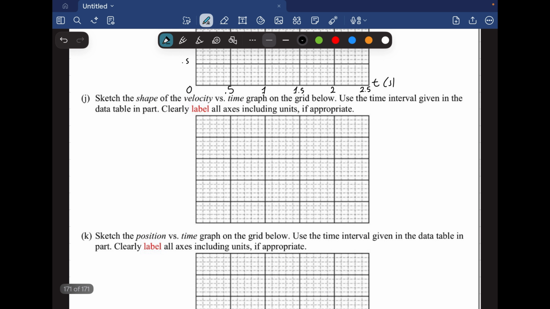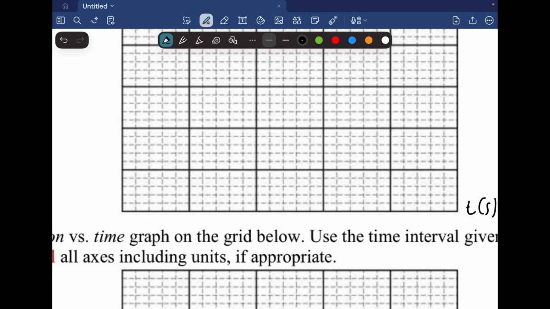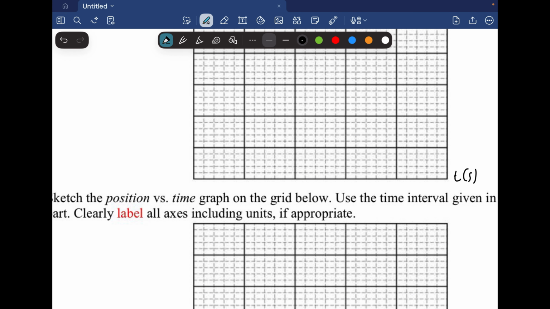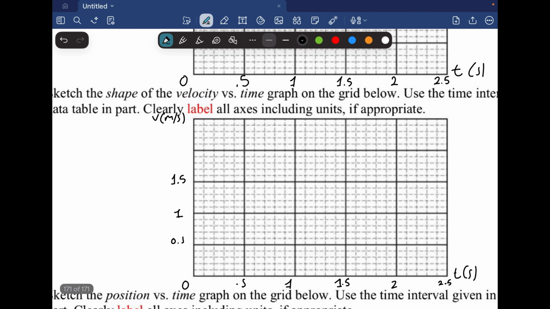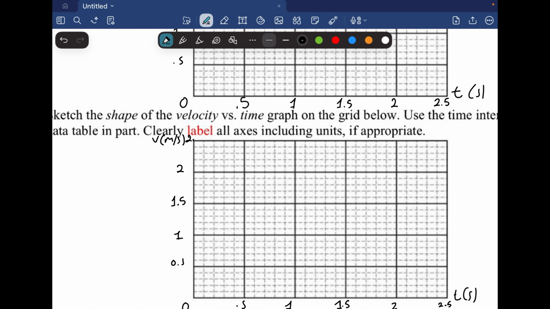Then next is the velocity versus time graph. So right here, velocity is meters per second, and time is in seconds. Then same scale, 0.5, 1, 1.5, 2, 2.5, right?